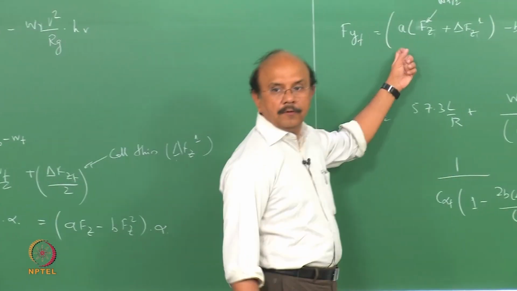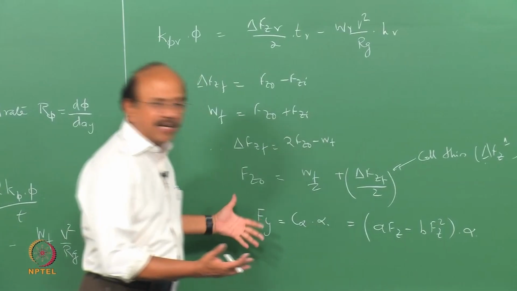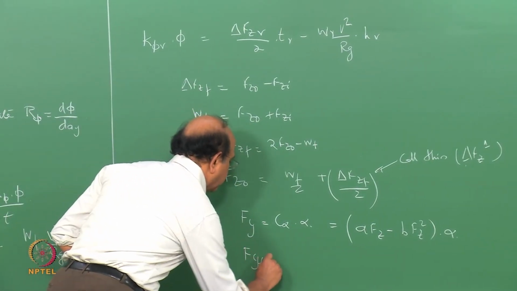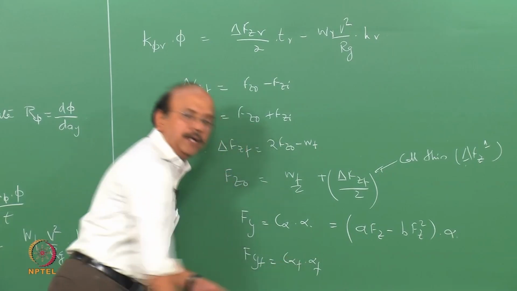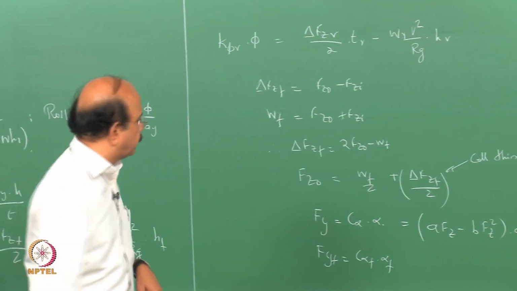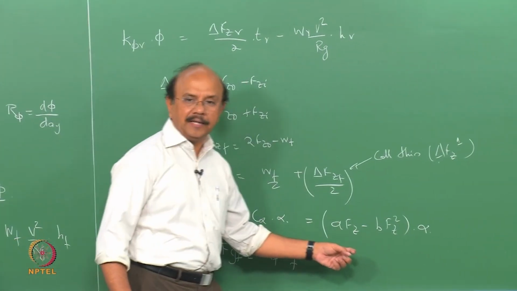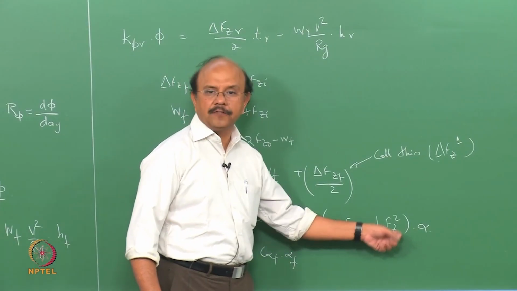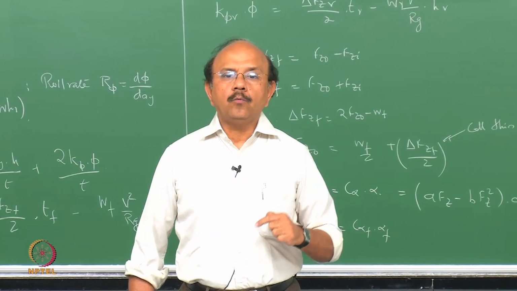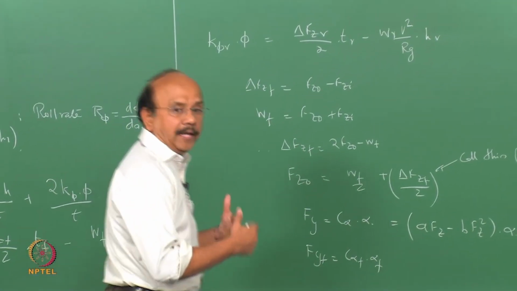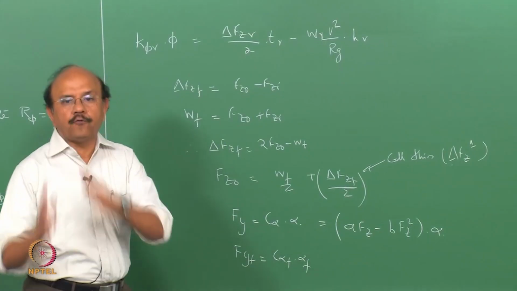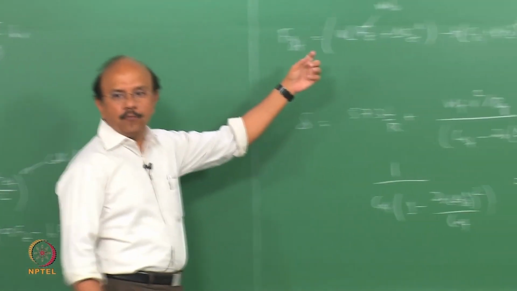So we have Fy, this is a general expression. If I have to put front, Fyf is equal to C alpha f into alpha f, and if I have to put rear, Fyr is equal to C alpha r into alpha r. So what is the C alpha f expression? C alpha f expression is for a tire, which is A into Fz minus B Fz squared. This is for a tire. So now when I want to look at the front Fyf, that is the lateral force of the front two tires, what should I do?